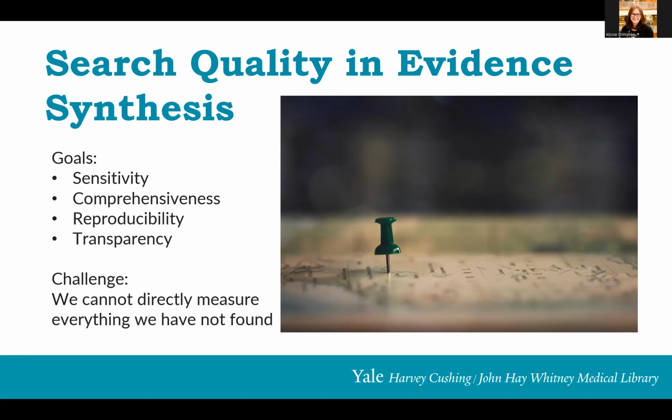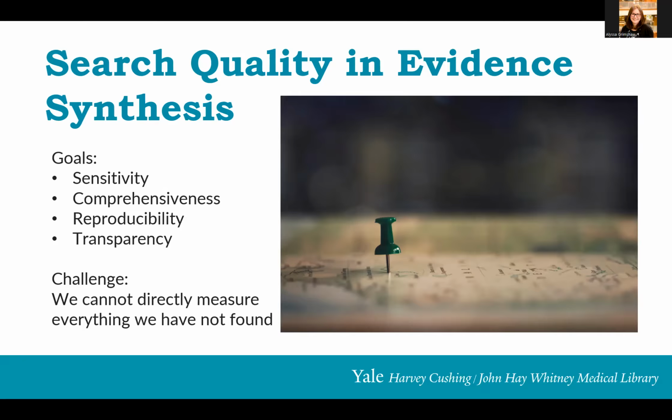And with evidence synthesis, we definitely want searches that are transparent, reproducible, and comprehensive enough to identify all of the relevant evidence. But when we're on this side of the project, it can be really hard when we're drafting the search strategy to know whether or not we've hit that comprehension level.